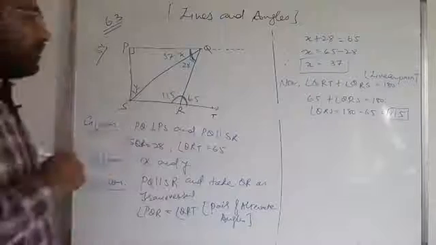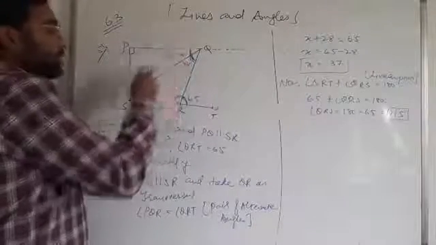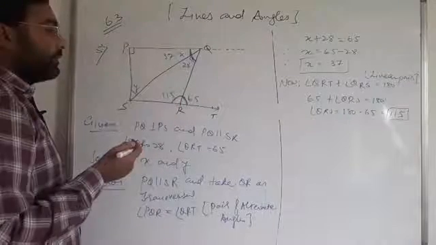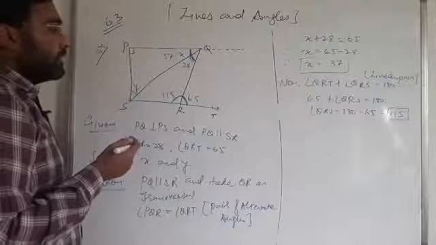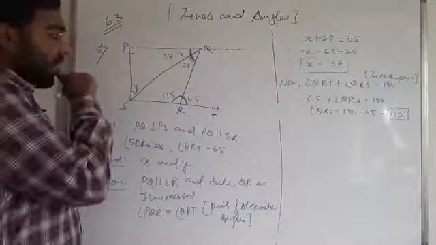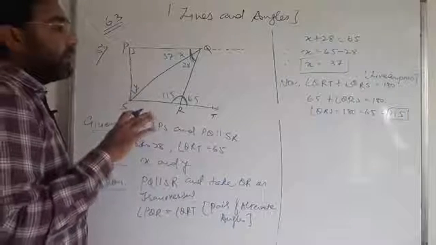Now, in triangle QSR, using the angle sum property, here we don't need to find the angle sum property.